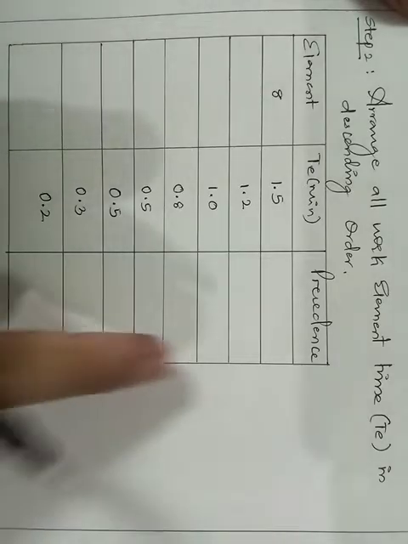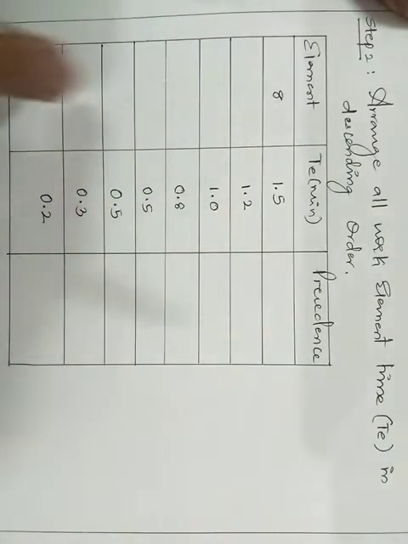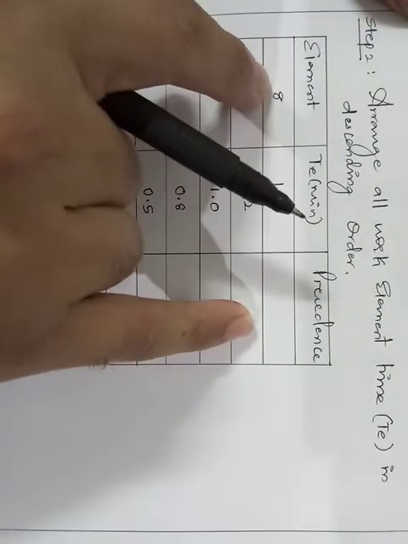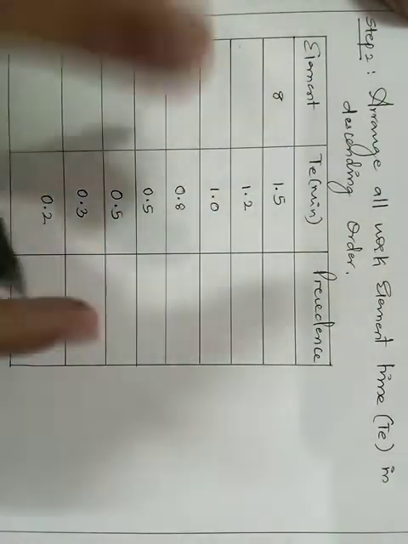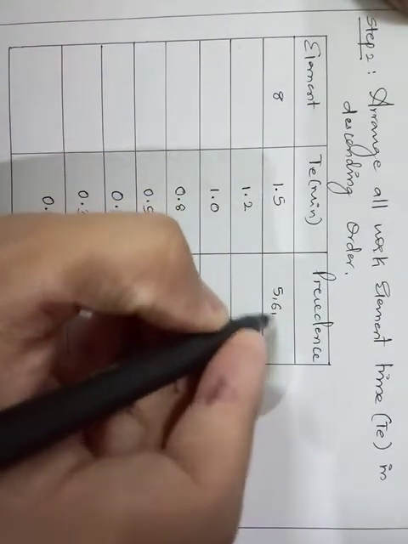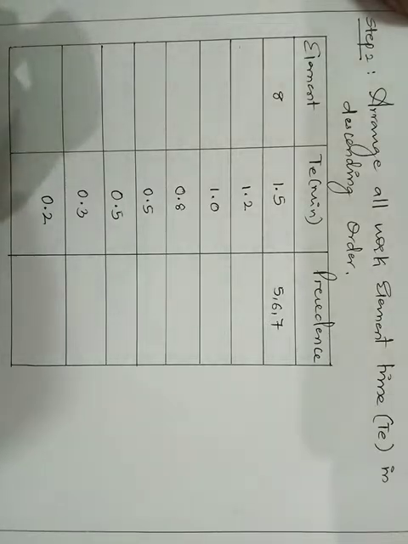Please write the respective precedences as well as the element numbers. Wherever there is 1.5 in the original table, whatever is on the left and right side, you just copy the same boxes. So here it is 5, 6, 7.